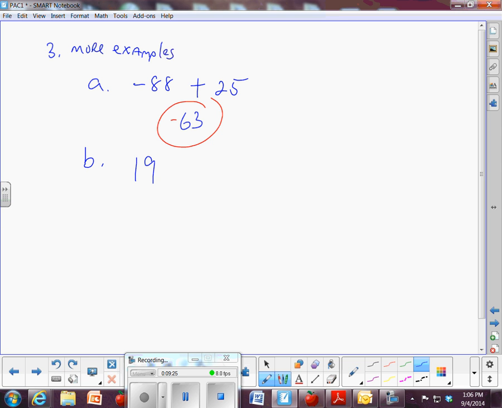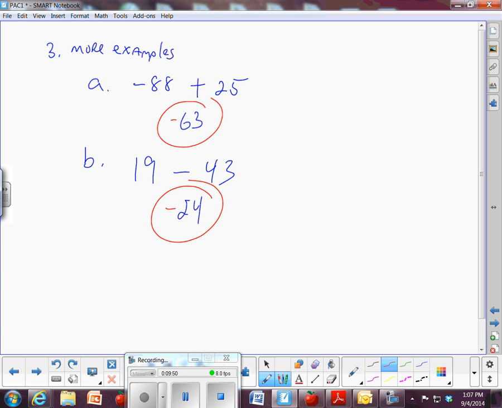Here's a tough one. 19 minus 43. Okay, go ahead and see what you can do with that. Again, pause it if you don't want to hear the explanation. But again, I'm just counting from 19 to 43. 29, 39, and then I got to go 4 more, so that's 24. And what are there more of? Negatives.